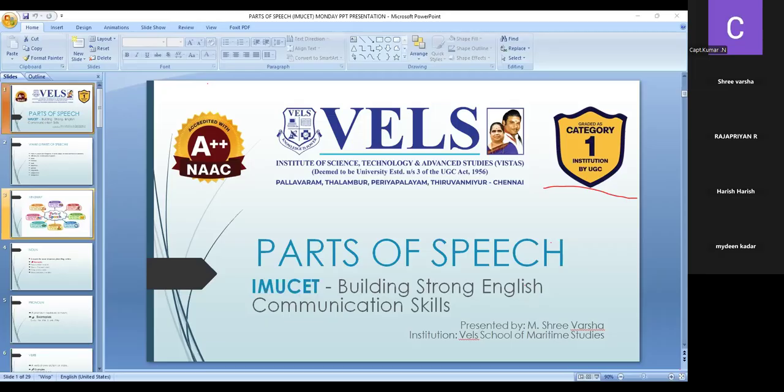Take some time. Small represents what? Adjective. Boy represents what? Good. Noun. Quickly represents what? Adverb. Ran represents what? Verb. Park represents what? Noun. Amazing.